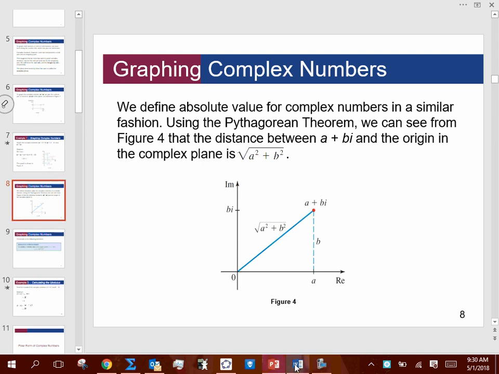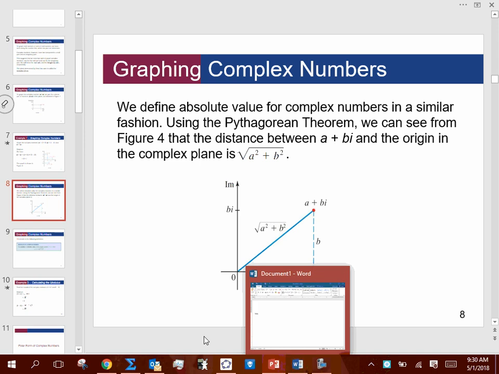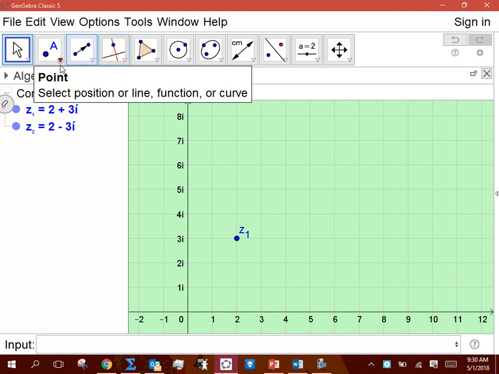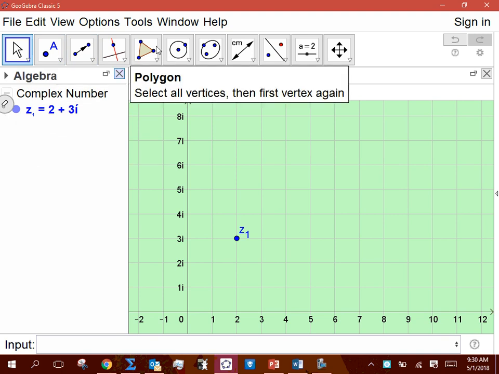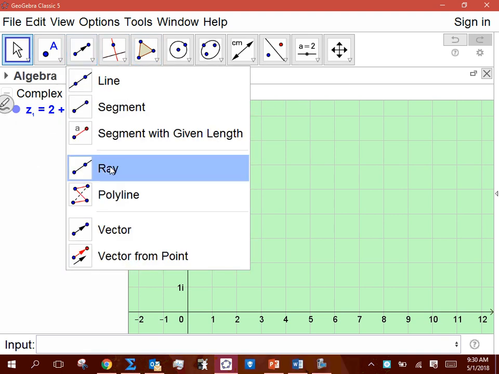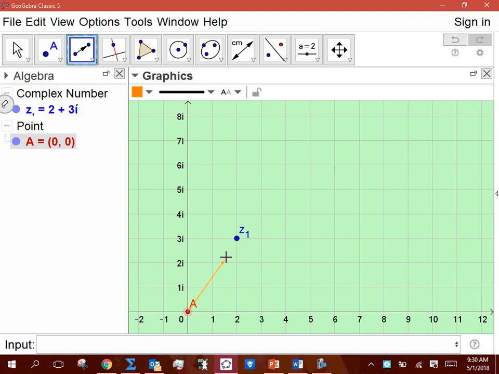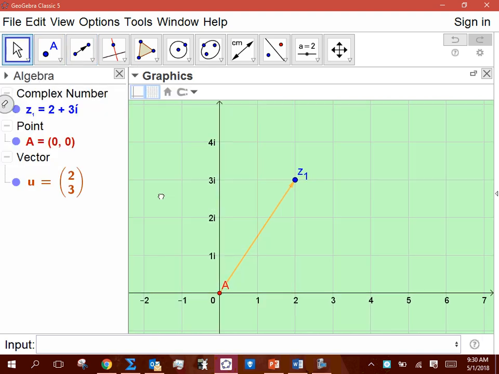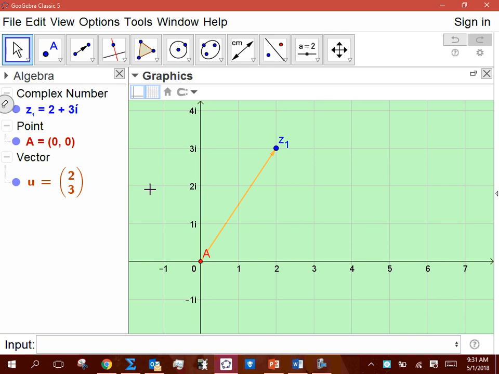If I take any point, let's just say I'm taking Z1 here, and from 0, 0 I draw that vector. I know we haven't talked too much about vectors. It's just a directed line segment. Don't really worry too much more about that.